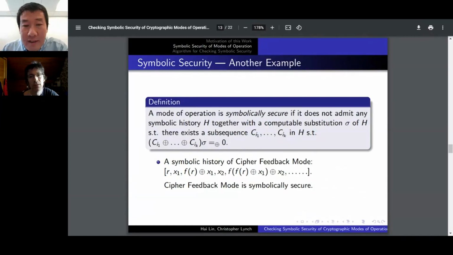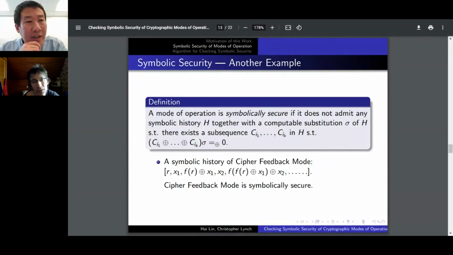For this Cipher Feedback mode, this property is satisfied, and in our paper, I think we have another example. Okay, good. So do you think that you have the right condition to check several modes of encryption? Are you still looking for other sufficient conditions?